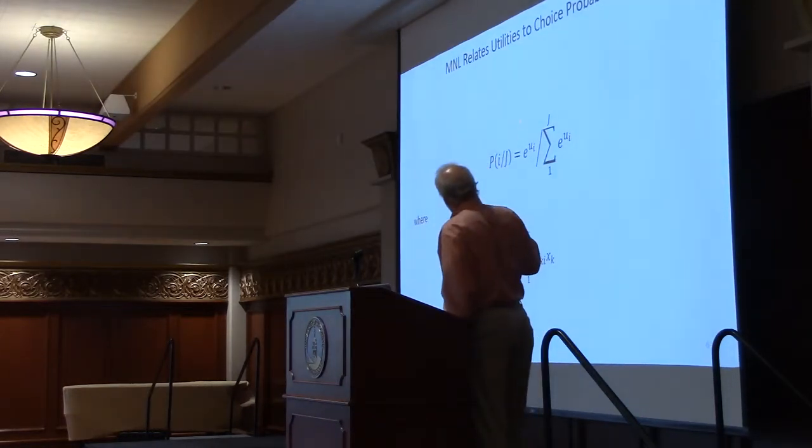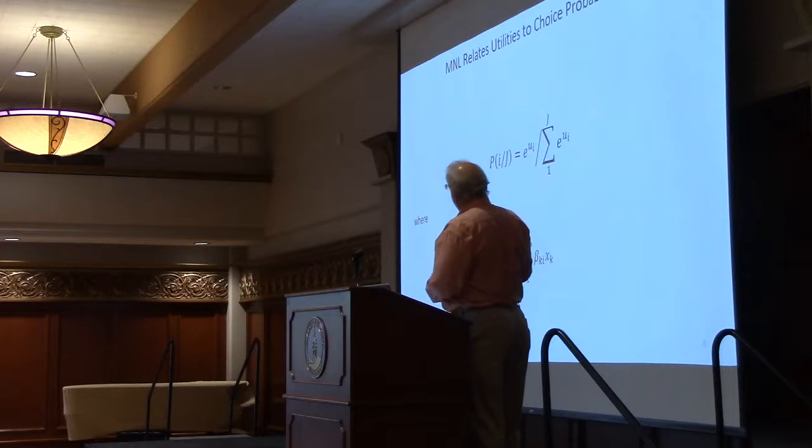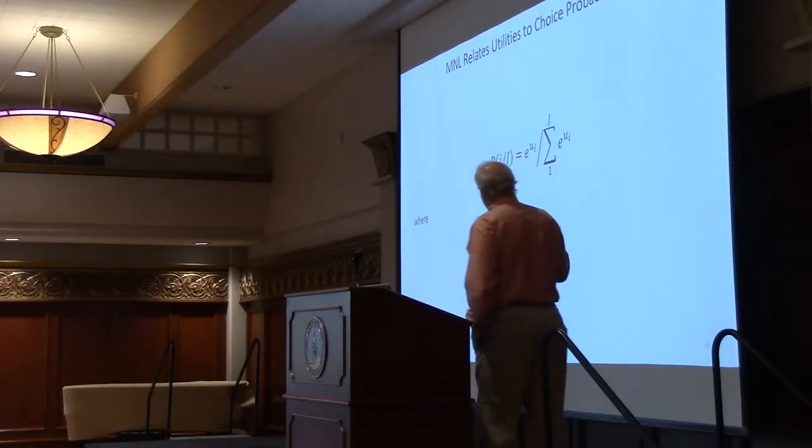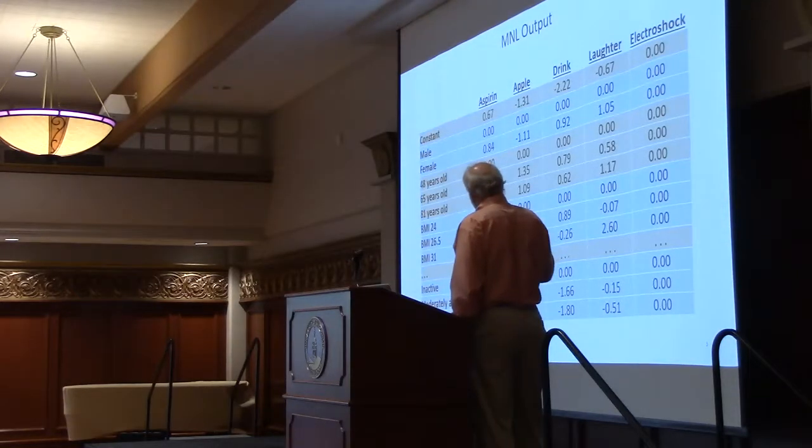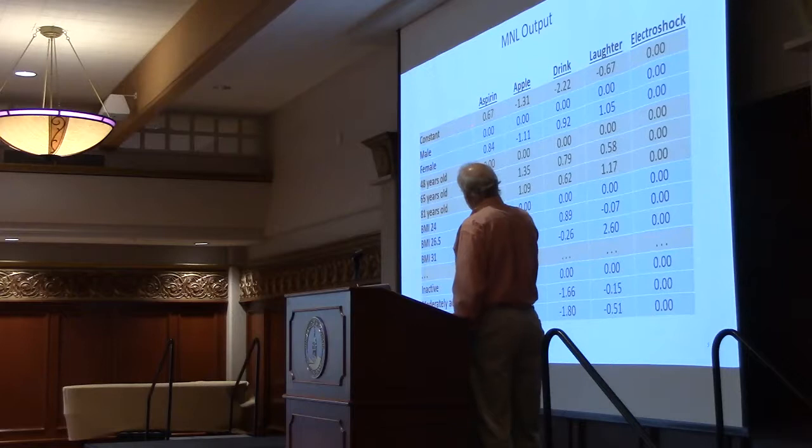As I mentioned, these utility functions can be used to predict the probability of choosing some outcome i from some set of outcomes j by exponentiating the utility of alternative i and dividing by the sum of the exponentiated utilities of all the alternatives. And that utility function there is just a linear function of the coefficients on the previous page times the x's, the variables that describe the particular patient in question.